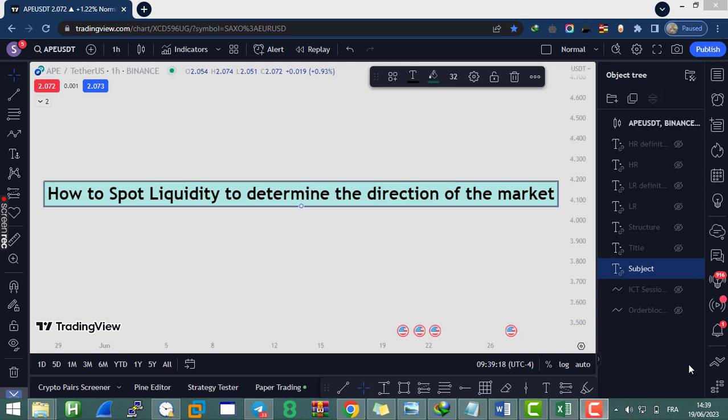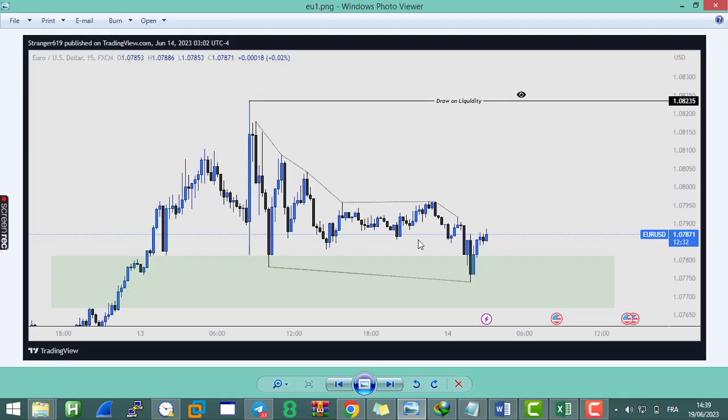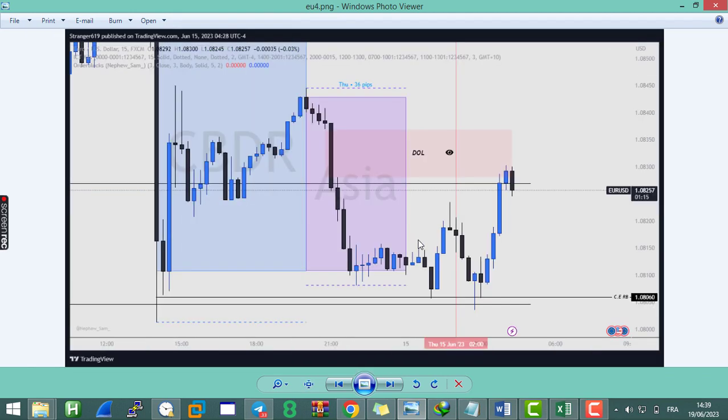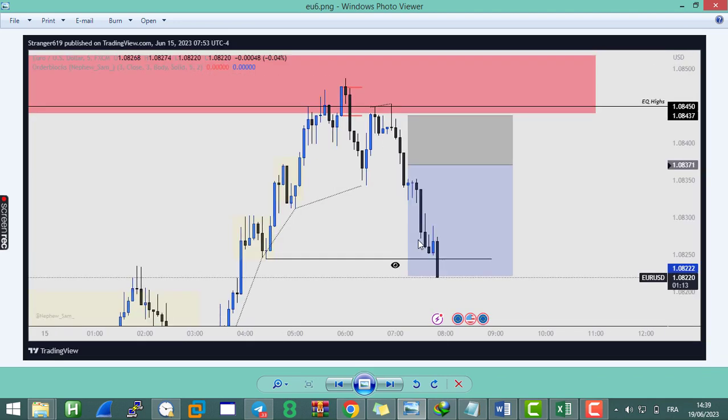In this one we're gonna talk about a very important subject, which is liquidity: how to spot liquidity to determine the direction of the market. I'm gonna show you the definition of liquidity, the types of liquidity, and then I'm gonna show you visuals and live examples from previous week and how I was able to predict the move of the markets entirely based on liquidity.